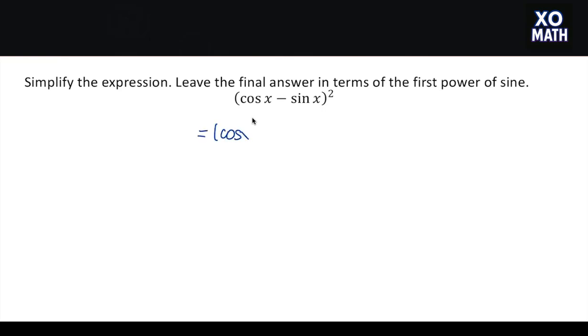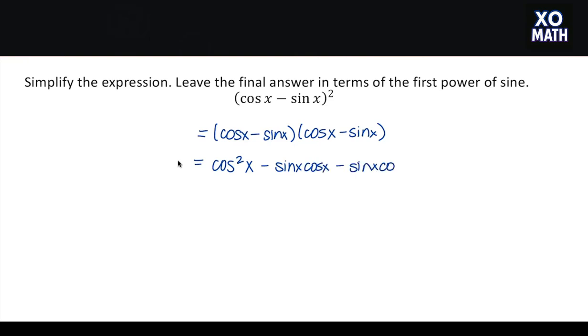So we have cosine x minus sine x times the quantity cosine x minus sine x. Don't fall into the trap. Again, I cannot just distribute an exponent over addition or subtraction. So when I multiply this all out, cosine times cosine is cosine squared x. Then outer and inner is going to be minus sine x times cosine x minus sine x times cosine x, which is going to combine together.